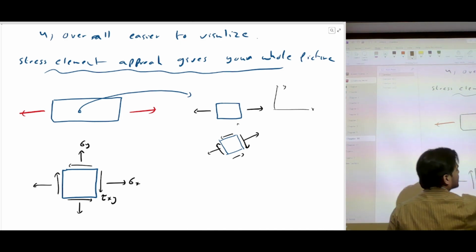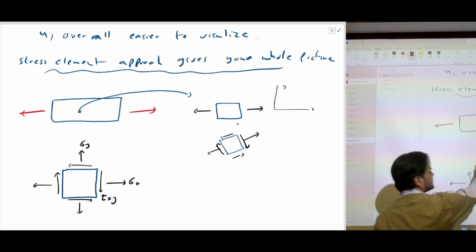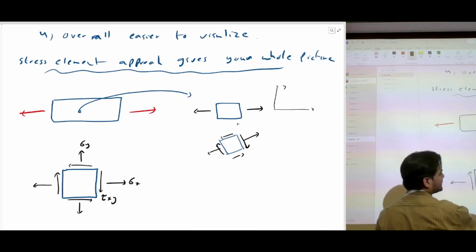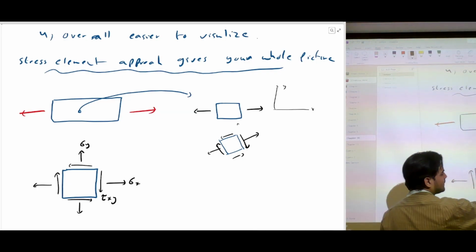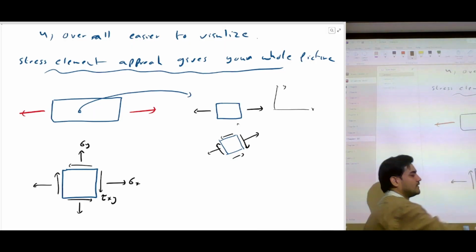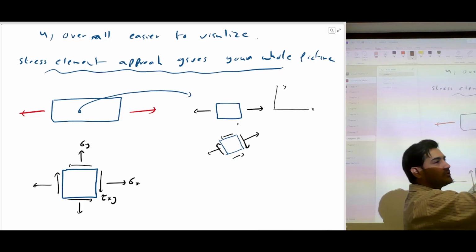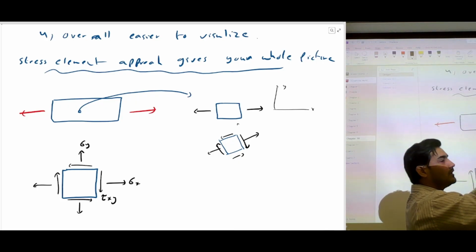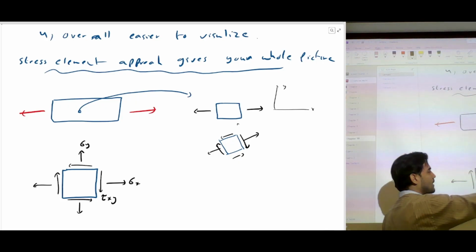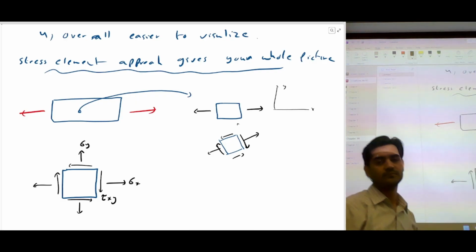This is normal stress along the x-axis, this is normal stress along the y-axis, and these four are the shear stresses along the xy plane. So I've written tau xy. There is a way where you can combine all those stresses which we have learned so far, and we can come up with a stress element.